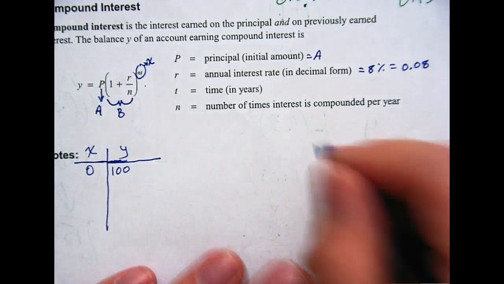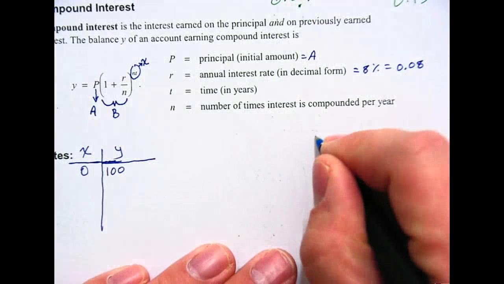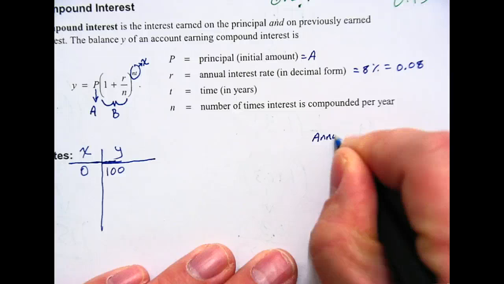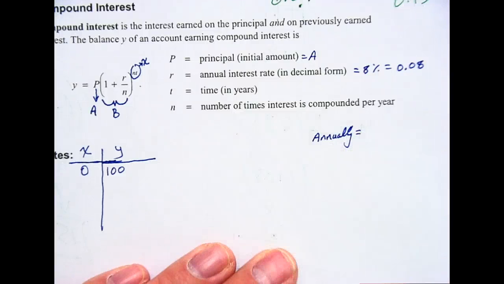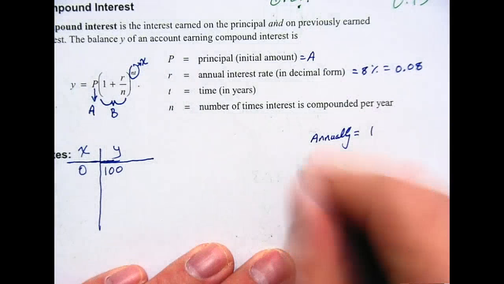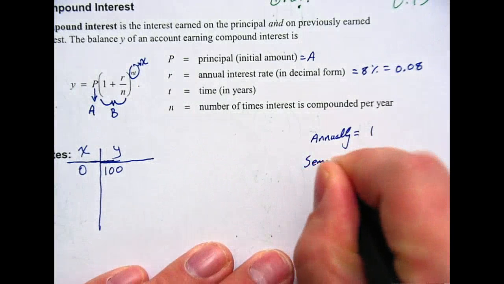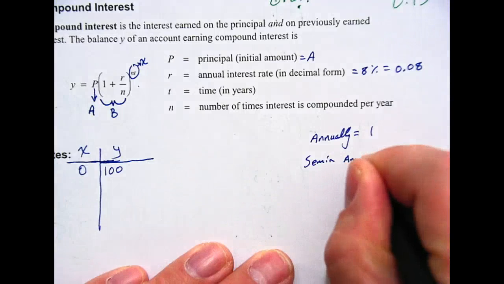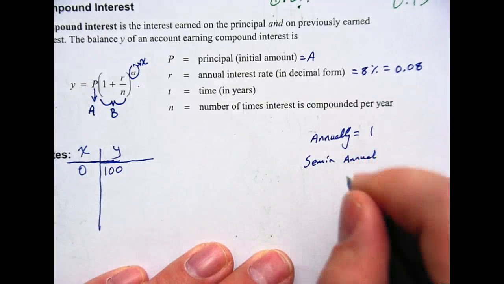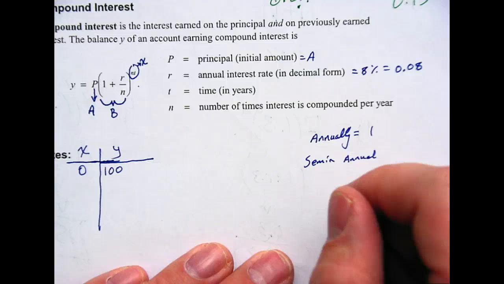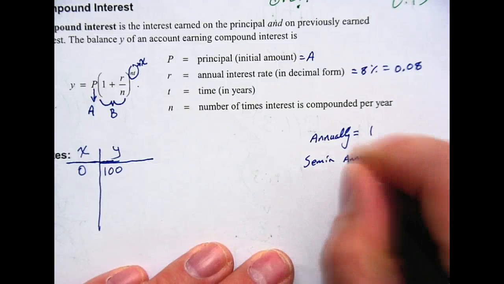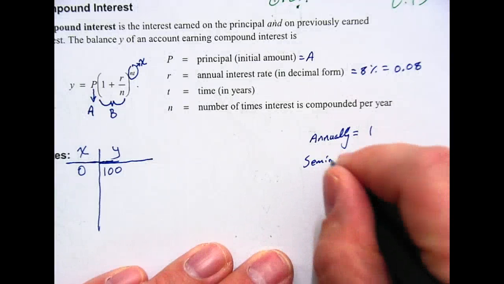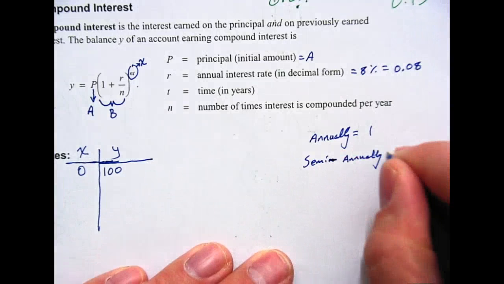There are different periods that things could be compounded. Annually: if I earn something annually, how many times a year do I get it? Once. There's semi-annually. If I earn something semi-annually, how many times do I get it? Twice a year.